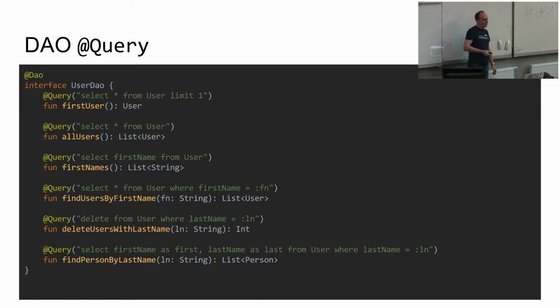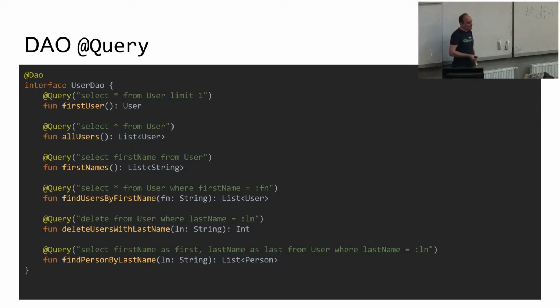So in this case, for example, let's get the first user from the database. You just specify a method that returns a user, and you annotate it with a query annotation that actually holds the SQL query. So in this case, select star from user, limit 1, which means just any first user that we can find.